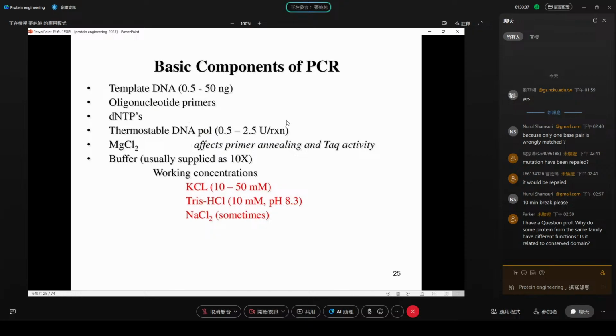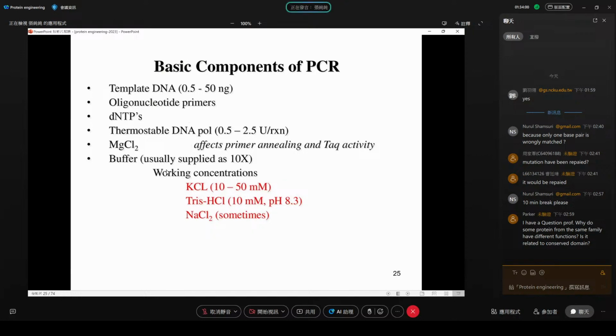And then your oligo primer will be around 10 to 20 micromolar. And the dNTP will be at a specific concentration, about 2 millimolar. And the thermostable DNA polymerase, which means Taq, depends on the commercial enzyme activity, probably from 0.5 unit to 2 unit.